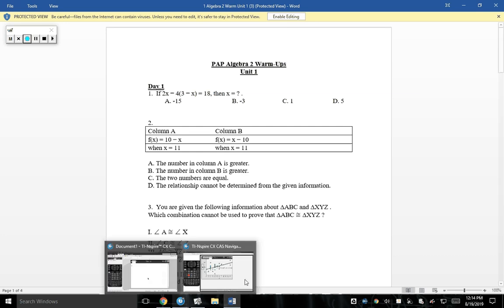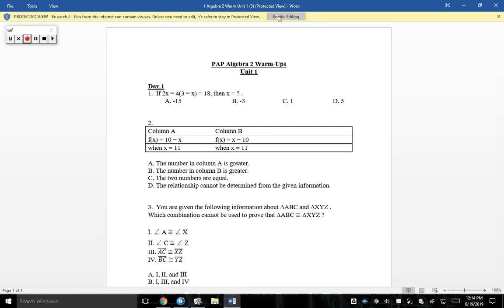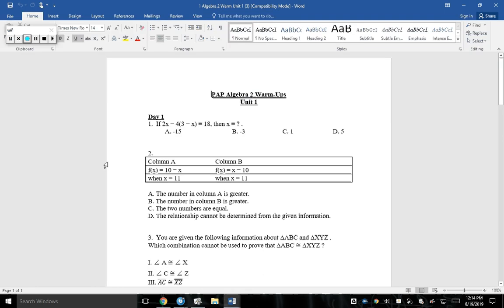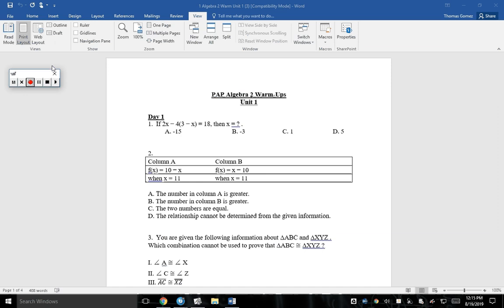Let me scroll down. To me, I think you should just put your warm-ups as they go through. Always remember that at the beginning of each day, there's going to be warm-ups.